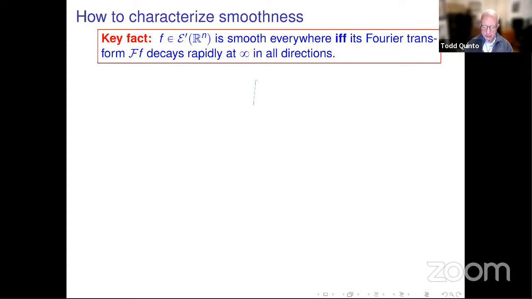In other words, the absolute value of f hat of y, let's say, is always less than or equal to some C_N (1 + norm y)^(-N), for every N you can find a C_N. And so it just means it goes to 0 very fast. And it's a simple argument using the Fourier inversion theorem, and so I won't sketch it.